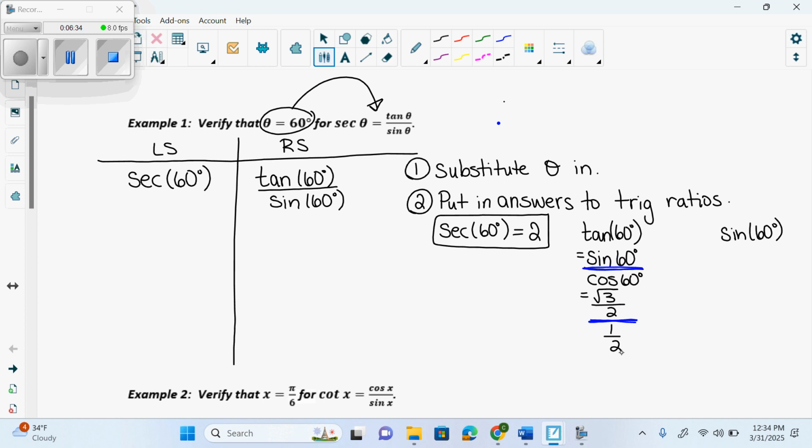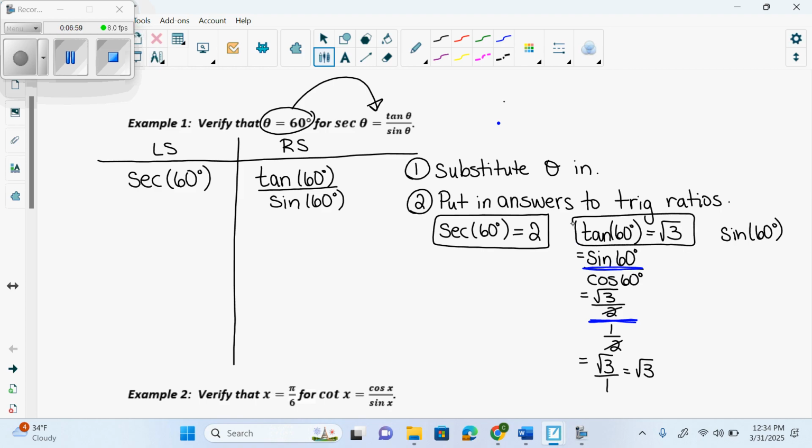What did I tell you? If the denominators in both are 2, we can cancel them off, correct? And then I'm left with root 3 over 1, which is just the same as root 3. So now I know tan of 60 is root 3. Do you see that? Then I have the answer to that one.